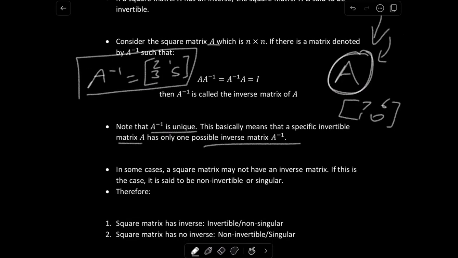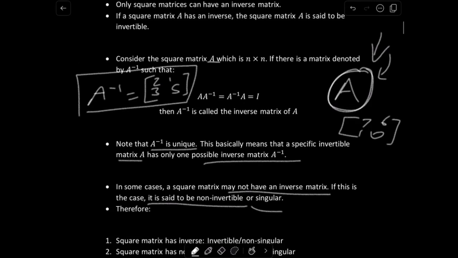In some cases, a square matrix may not have an inverse matrix. If this is the case, it is said to be non-invertible or singular. If it has an inverse, then it's going to be invertible. If it doesn't have an inverse, then it's non-invertible. Another way that we can say non-invertible is singular.